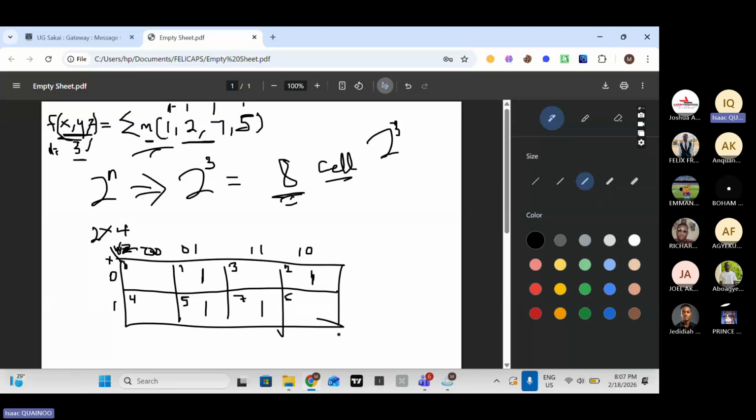After we've marked the cells that correspond to the min terms we've been given, remember this is M1. If we expand this, it is M1 plus M2 plus M7 plus M5. This is what it originally represents.